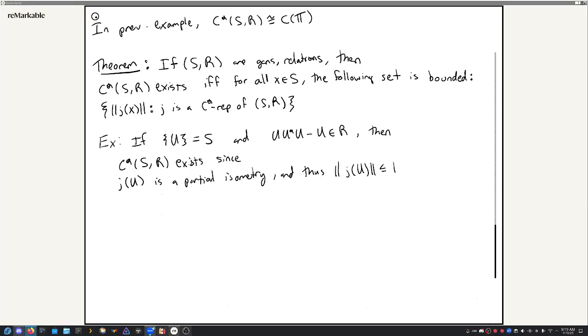One thing to note is that by the universal property, it's actually easy to construct representations of the universal C-star algebra.